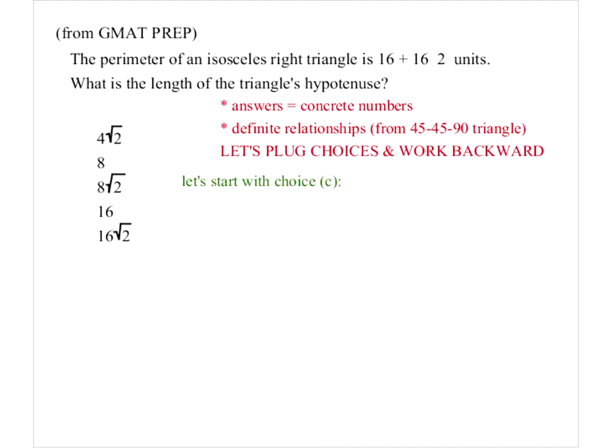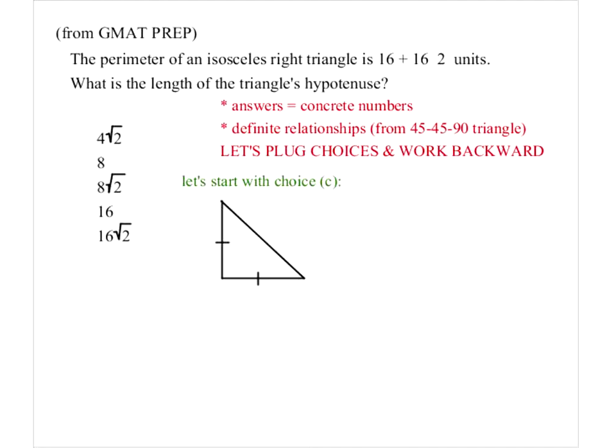If we start with choice C, let's draw ourselves an isosceles right triangle. An isosceles right triangle looks like this. 2 equal sides is a 45, 45, 90. And then here are your congruent sides. So we're looking for the hypotenuse of the triangle, not the side length.